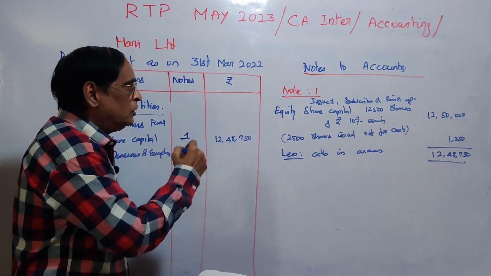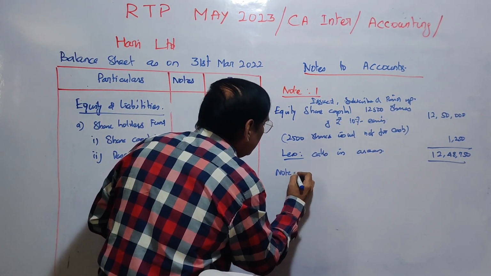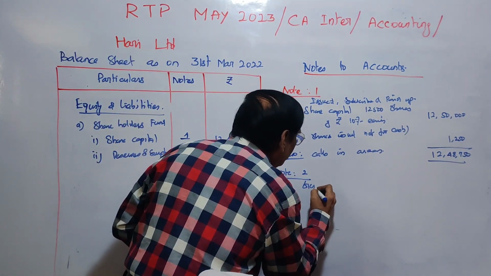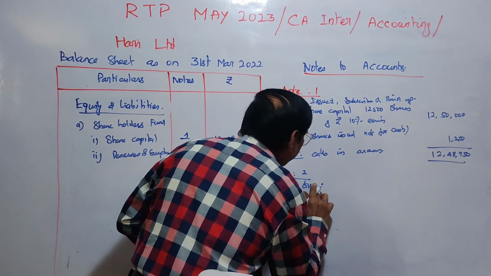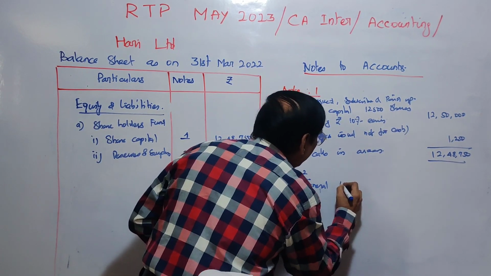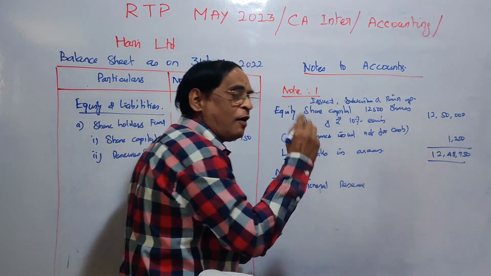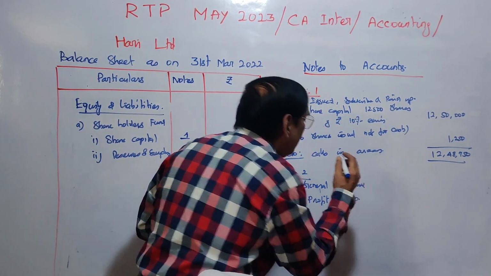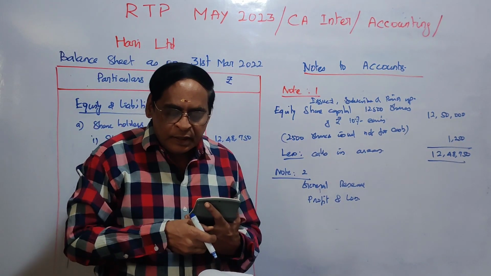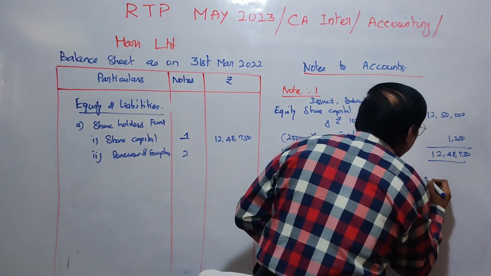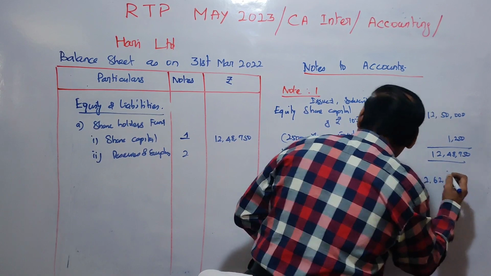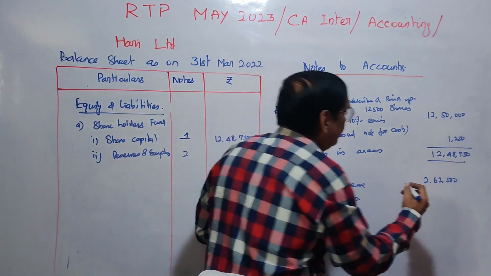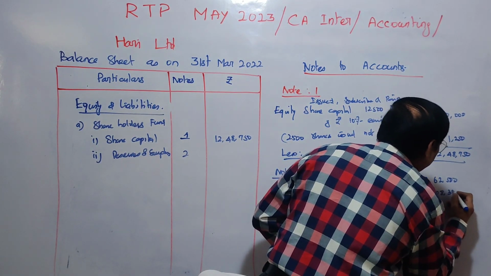And then the reserves and surplus, Note number 2. In Note 2, reserves and surplus, there is a general reserve. Apart from the general reserve, there is also a profit and loss account credit balance. How much general reserve? 2,62,500. And then profit and loss account 1,08,375.